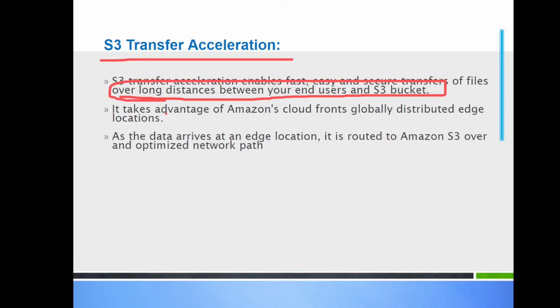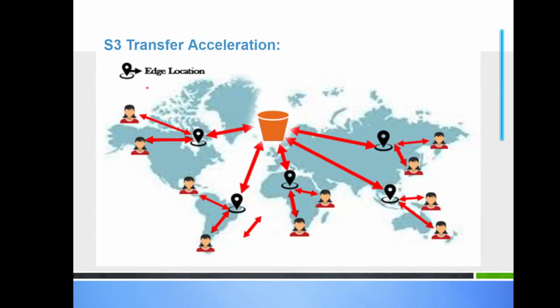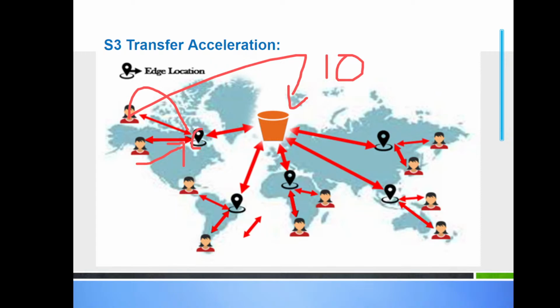Okay, it takes advantage of Amazon CloudFront's global distribution of edge locations. We'll talk about that in more detail. As the data arrives at the edge location, it is routed to S3 over an optimized path. So it is mainly used to upload data to S3. If you are taking 10 minutes to upload the data, it will take less time to upload to the edge location.